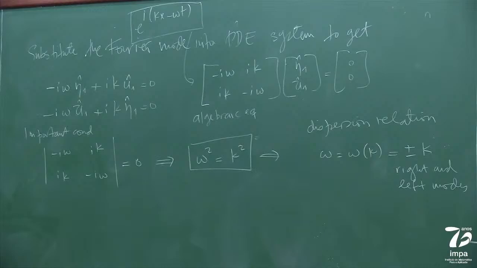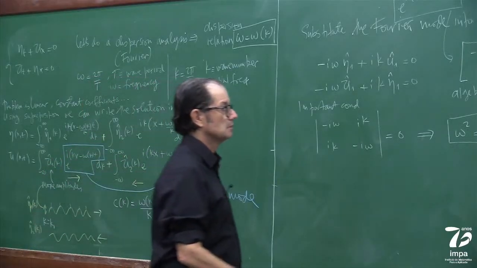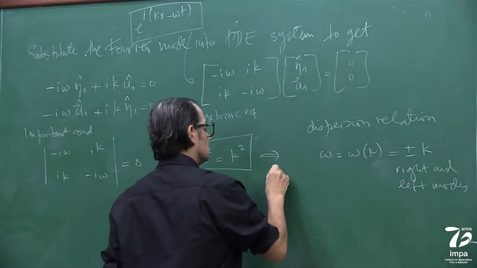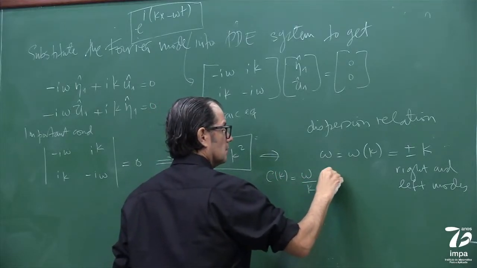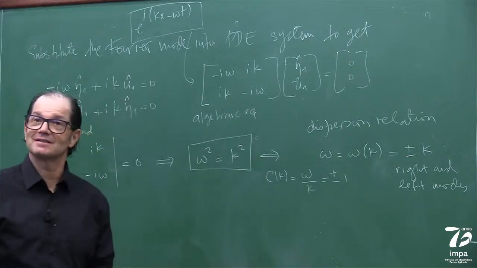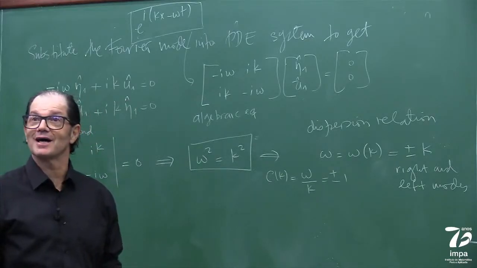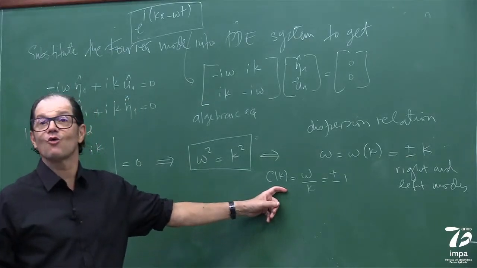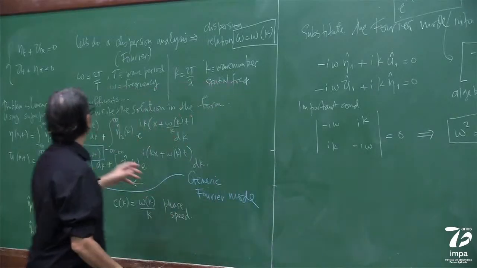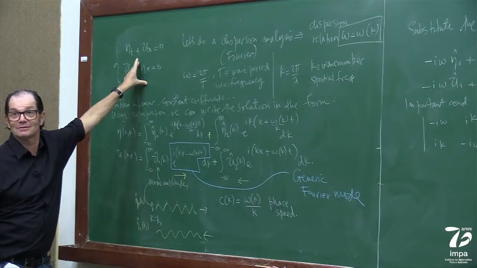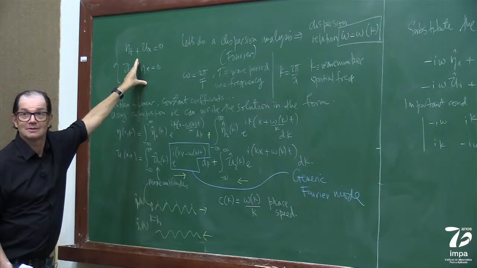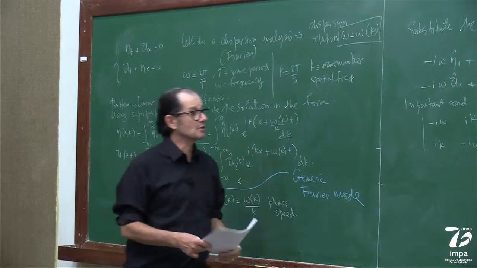And what is the phase speed? The phase speed is plus or minus 1, as we expected, which is a long way to get exactly what we will get here if we looked at the eigenvalues, plus or minus 1. Now we got the same thing through the dispersion analysis.